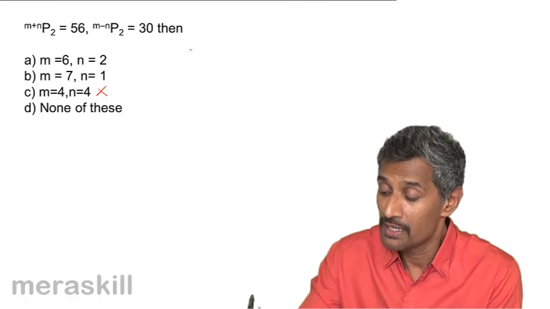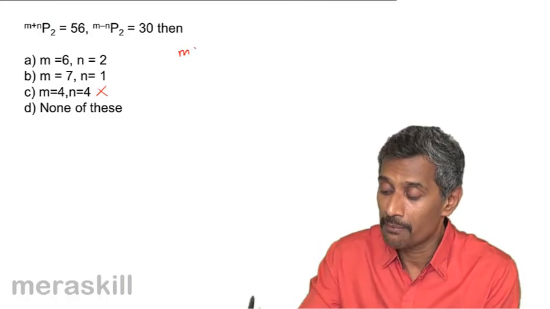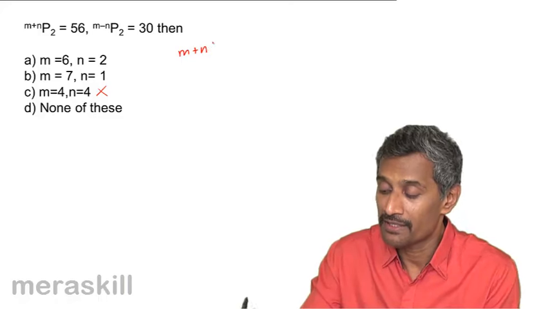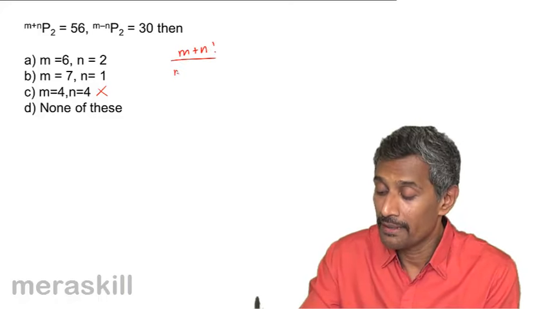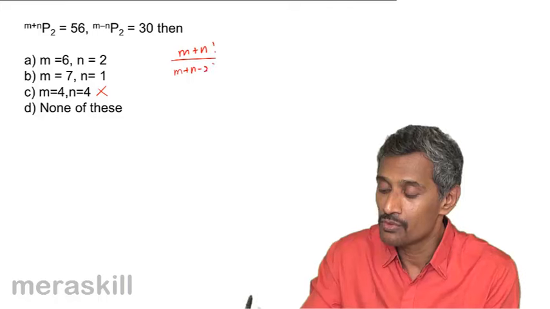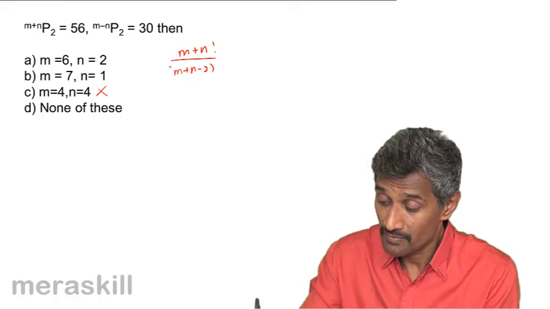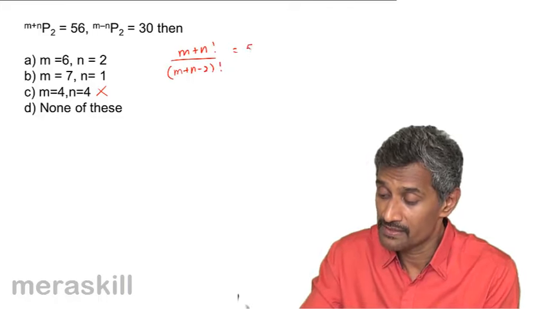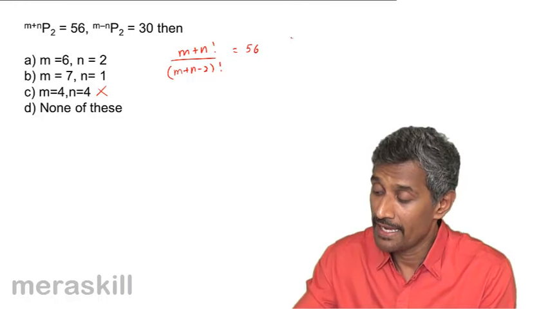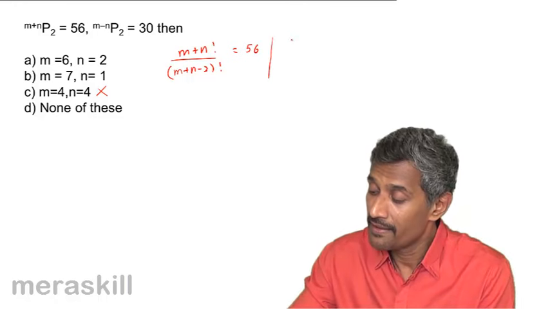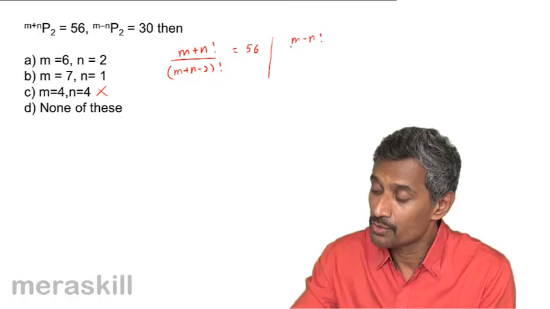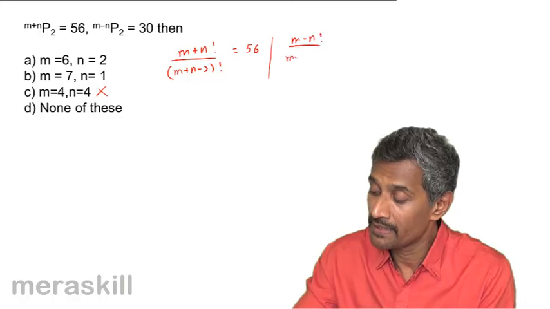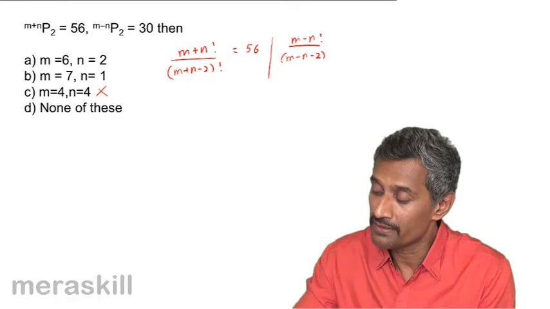So if you look at it, m plus n P 2 means (m plus n) factorial upon (m plus n minus 2) factorial is 56. And here we have (m minus n) factorial upon (m minus n minus 2) factorial is 30.